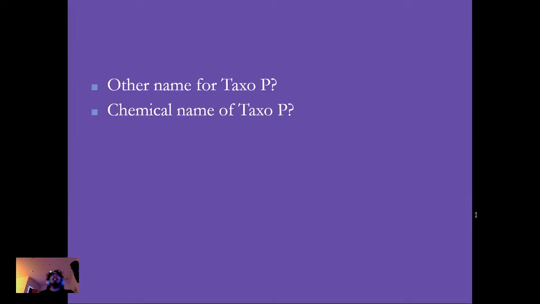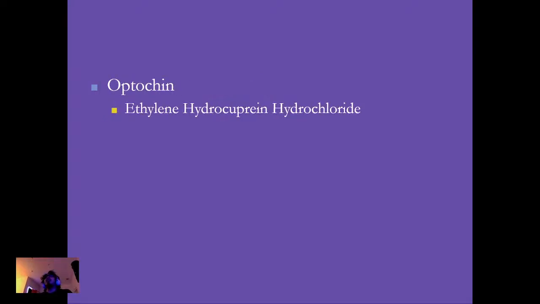Okay? Another name for Taxo P is, I think, the next slide. Let me see. Tingnan natin. Taxo P. Okay. Bago natin i-move, tingnan nga natin kung magaling pa rin ang memory ko. Ethylhydrocupreine hydrochloride. Sige nga. Okay?